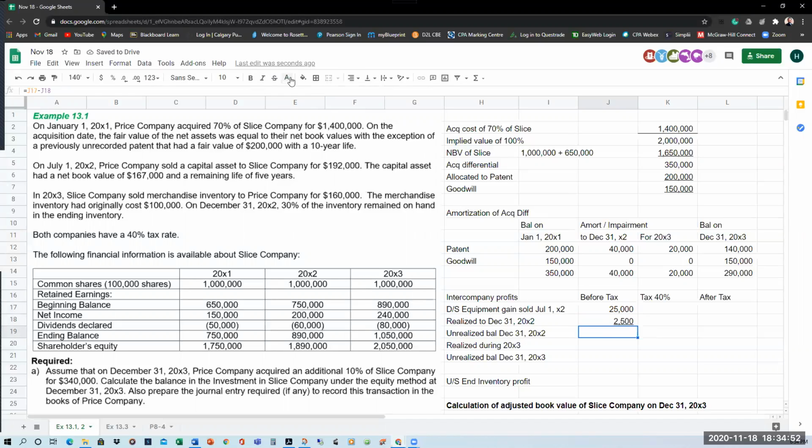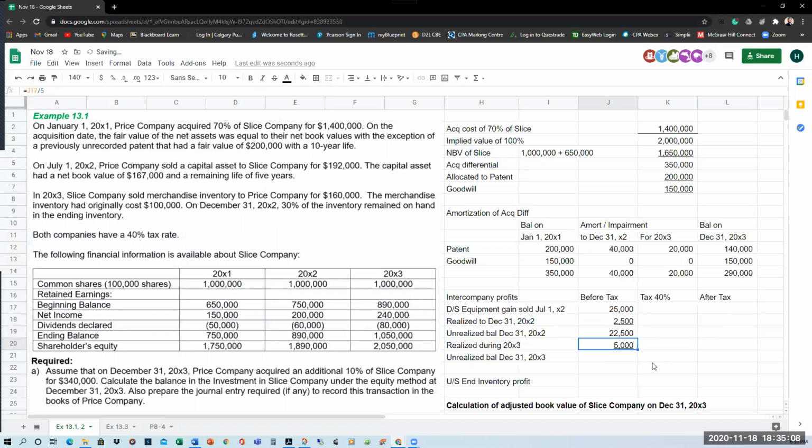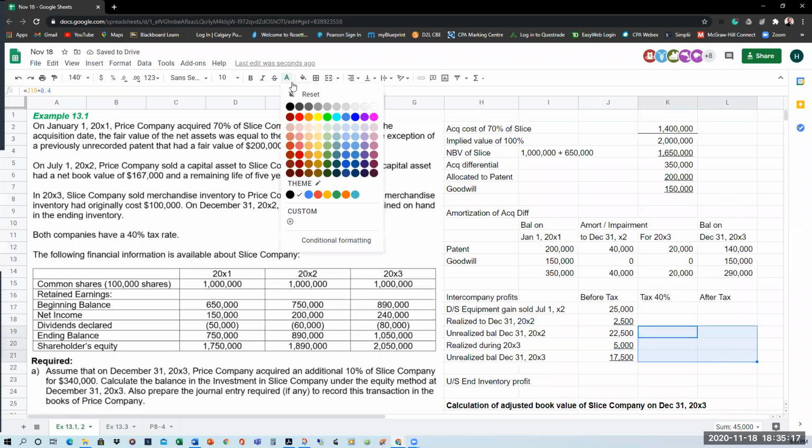We would have a remaining unrealized balance at the end of 2002 of $22,500. For the year 2003, 1/5 of 25,000 would have gotten realized. That's $5,000, leaving us with an unrealized balance of 17,500.